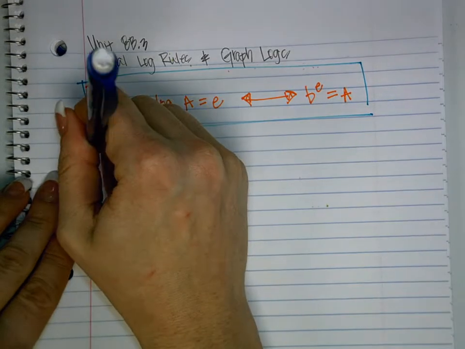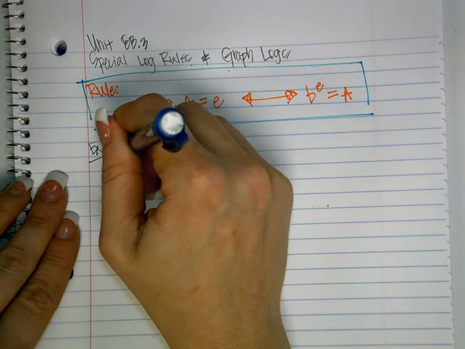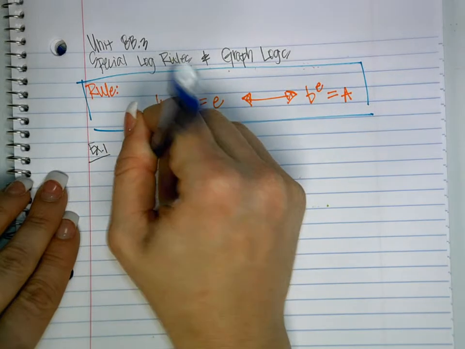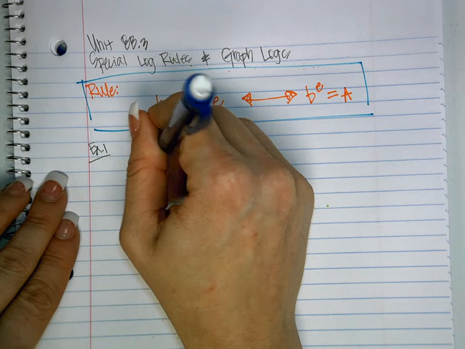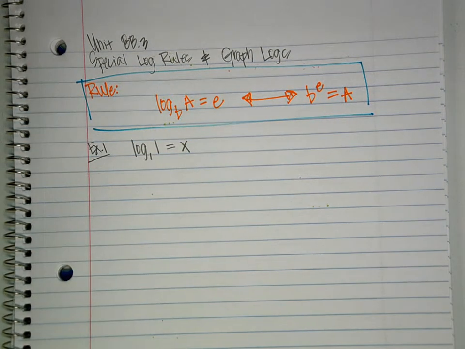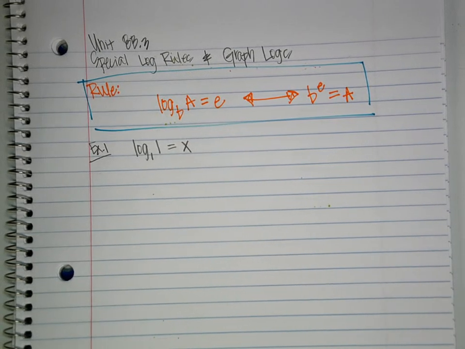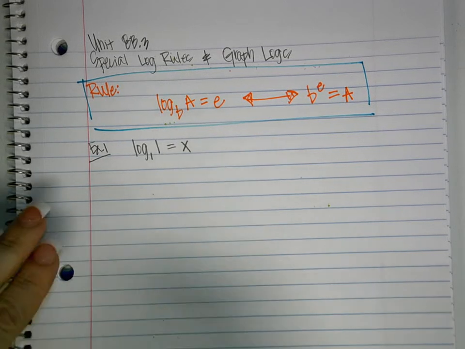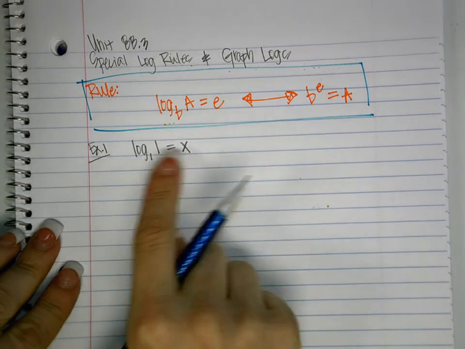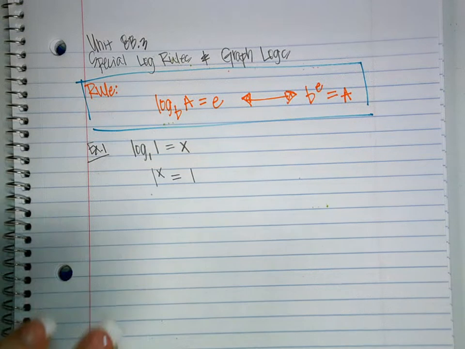For example number 1, I would like you to simplify log base 1 of 1 equals x. If I'm simplifying, the first thing you want to do is rewrite this in exponential form. So here x is the exponent on 1 that makes 1.